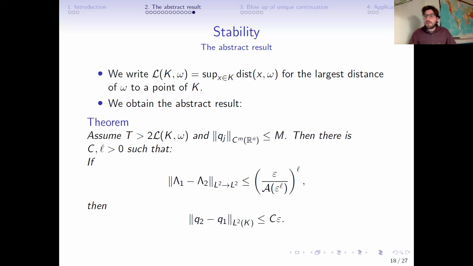So of course now the question is, okay, this is some kind of stability. This is a quantitative estimate, but what is the stability? And the answer is, well, we don't know, because you see that this is a stability that uses this abstract constant, which is the cost of the approximate control.